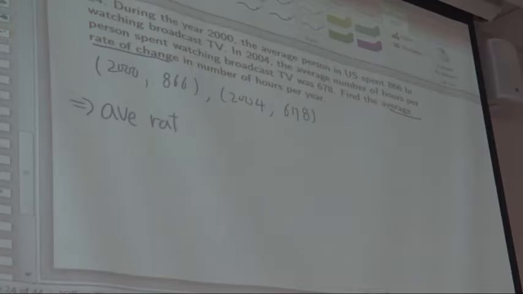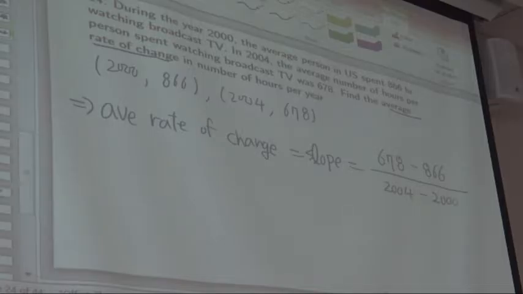Average rate of change is the same as finding the slope of the 2 points, which is 678 minus 866 over 2004 minus 2000. And this is negative 188 over 4, which is negative 47 hours per year. There is a decrease.